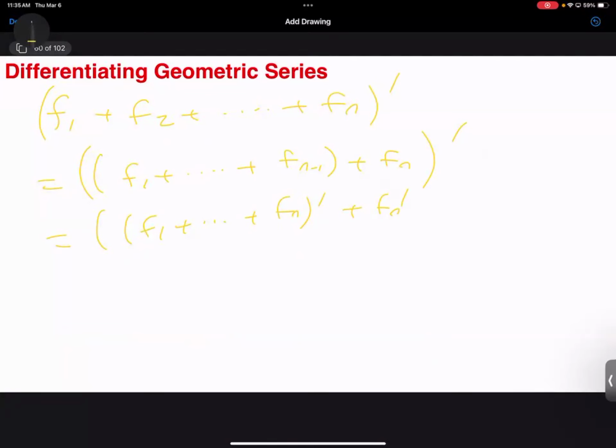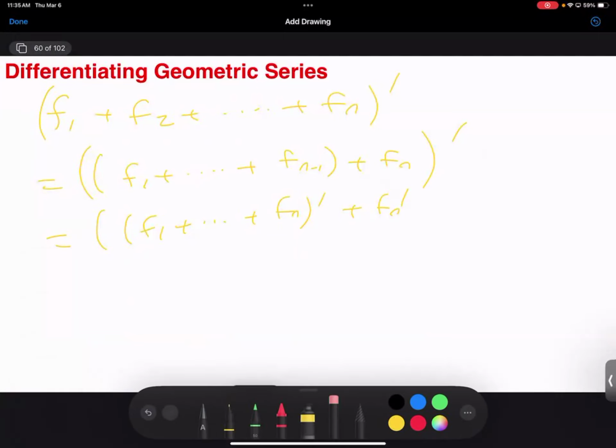Now that we have all of this, we can just keep going by induction. And so if we just continue, eventually we get to the sum of all the derivatives. And so if you have a finite sum, it's no problem.